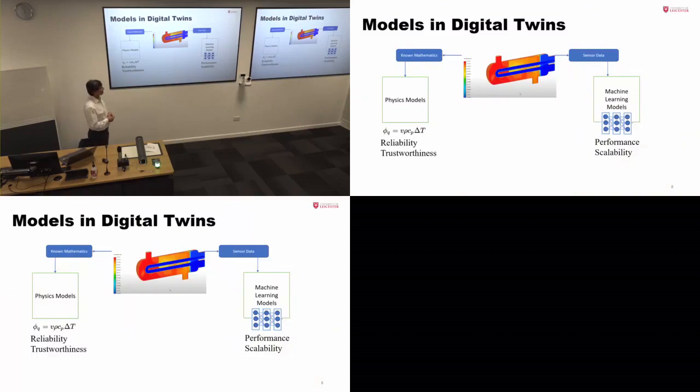Now, going forward, broadly speaking, we could classify the models in digital twins into two branches. Historically, this is what the physics-based models are. So they were physics-based models. And here, mostly, are machine learning-based approaches.